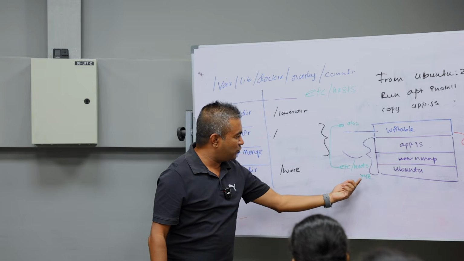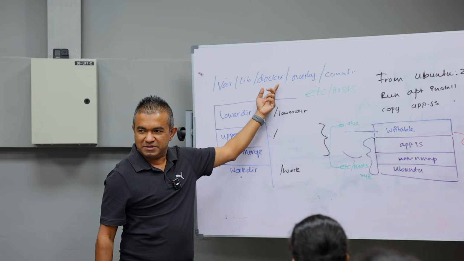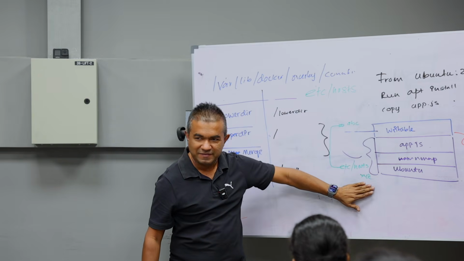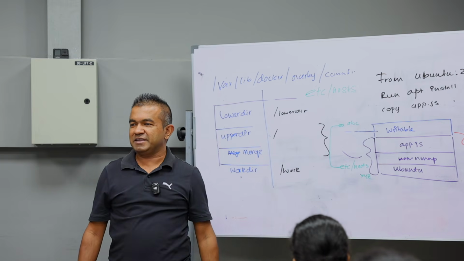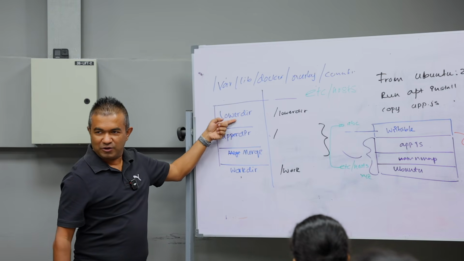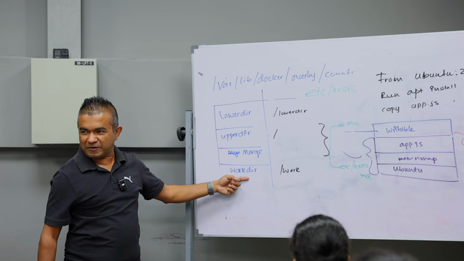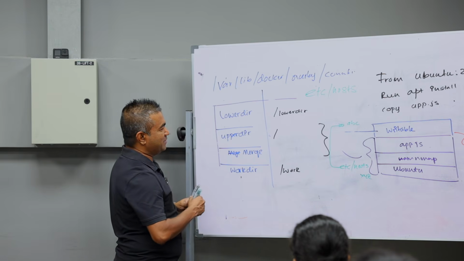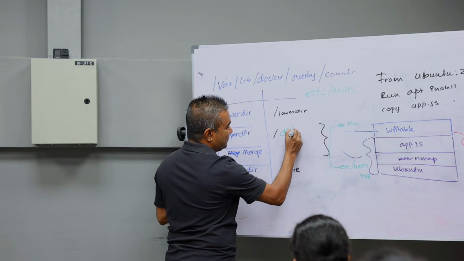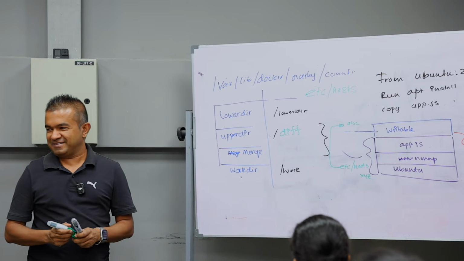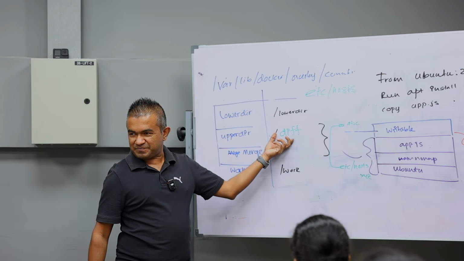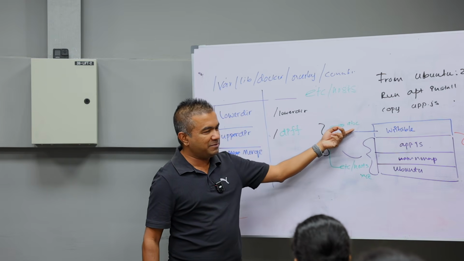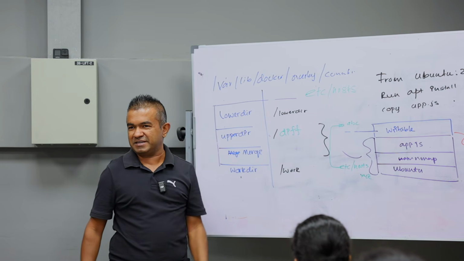But if you inspect the lower directory, the value is still XYZ. If you check the upper directory, which goes as diff, you will see the value ABC.